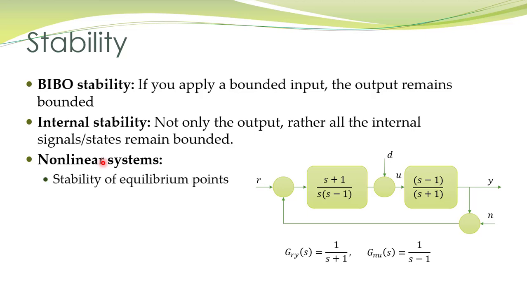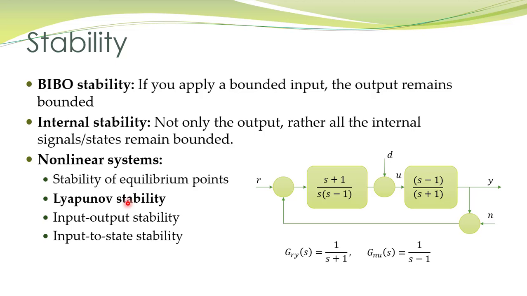Here we do not talk about stability of systems, rather we talk about stability of equilibrium points, because a nonlinear system may have multiple isolated equilibrium points. Therefore, we talk about stability of each of the equilibrium points. And there are different definitions of stability. The topic of our interest in this course is Lyapunov stability. We shall discuss it in much more details.